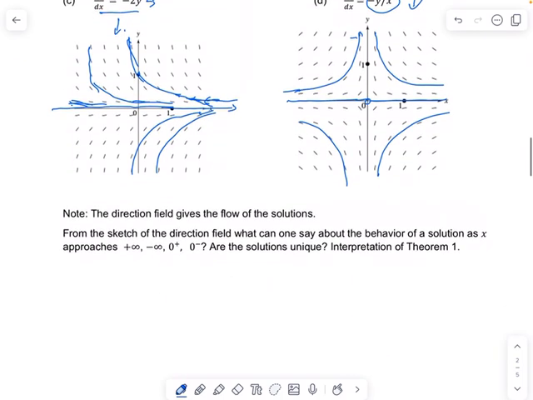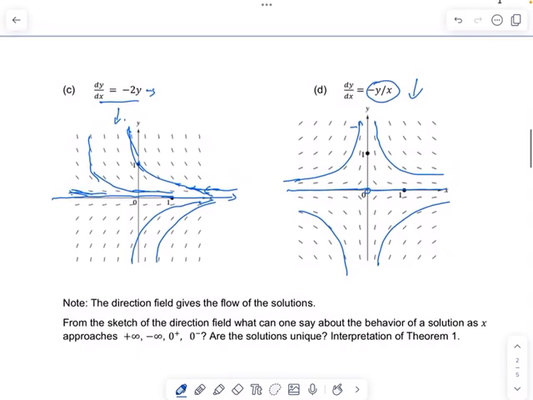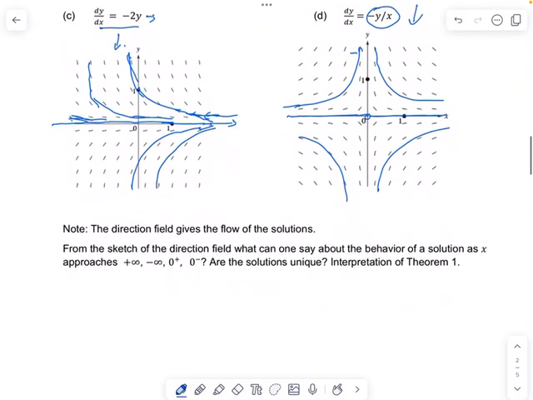Now let us look at the actual solutions of these equations, because it's easy to find the solution. So we have dy by dx equals minus 2y. Now I will do something here which we are actually going to learn in chapter 3, and this is called separation of variables.